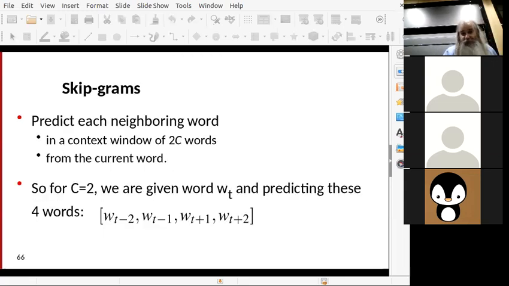Skipgrams can also be trained on your own data. You don't have to use the pre-trained Word2Vec, but you can train from your own. It depends on the amount of data that you have and how different your data is from the data the standard Word2Vec was trained on. You might still be in the same language, but in a different domain.